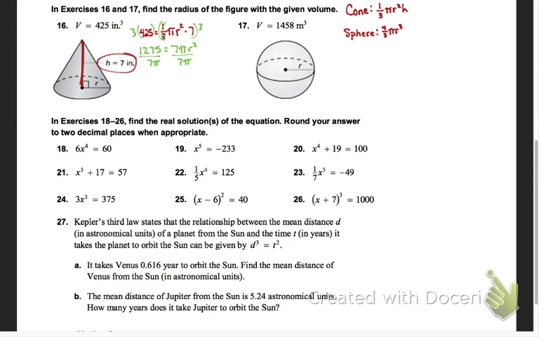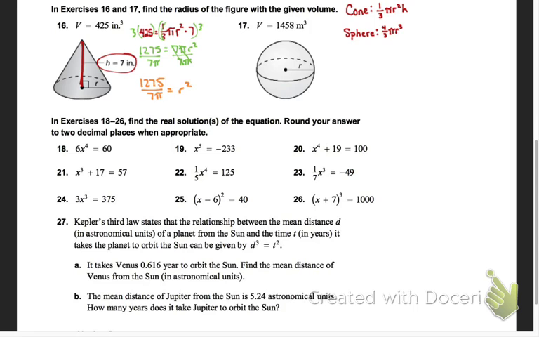So it's going to give me a decimal anyway. So I would just group the 7 and the pi together because pi is a number that's never going to stop. So I'm looking at 1,275 divided by 7 pi is equal to r squared.